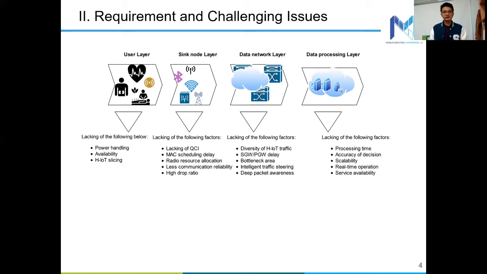So in this scenario, it is very critical to ensure end-to-end transmission reliability.